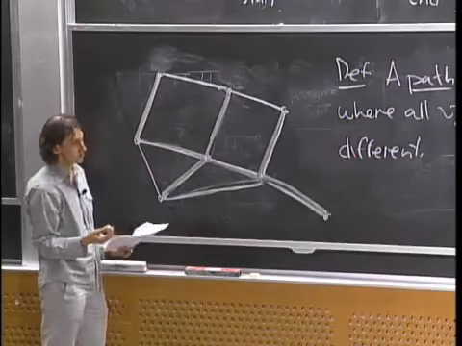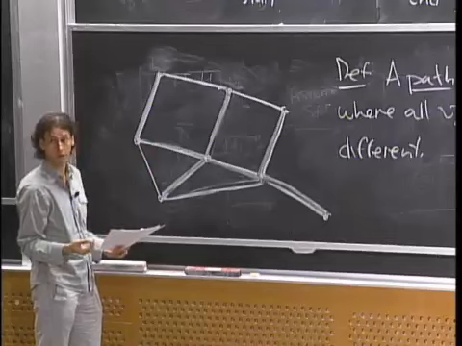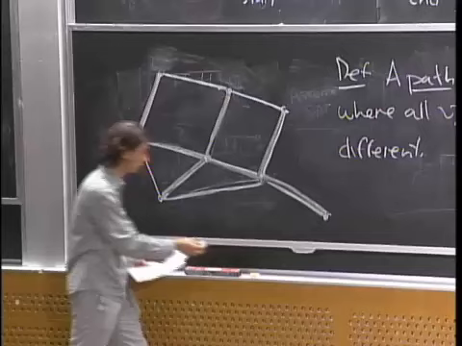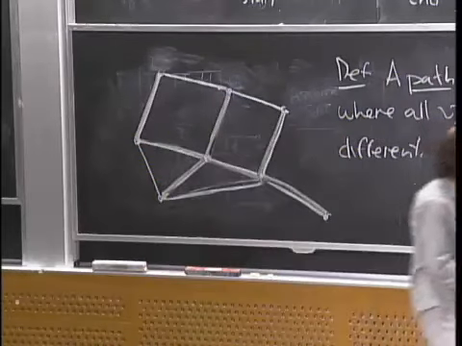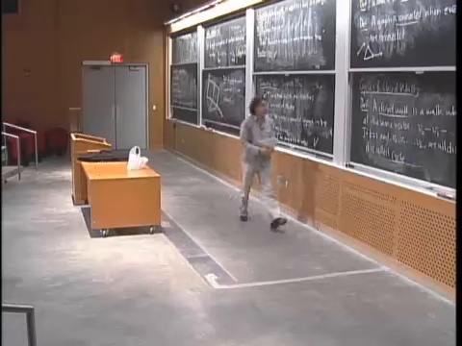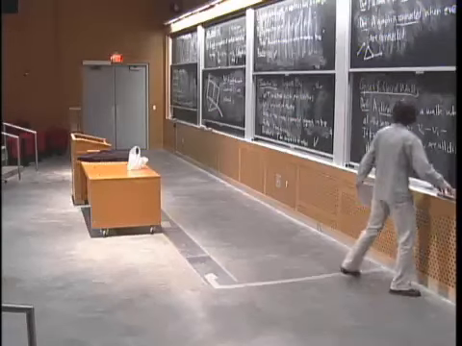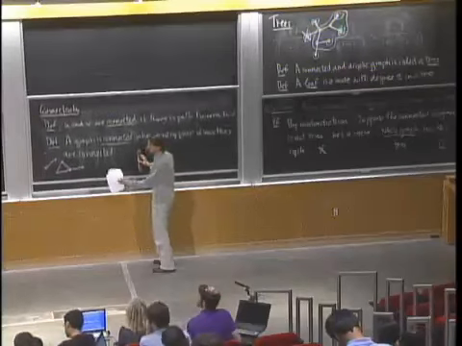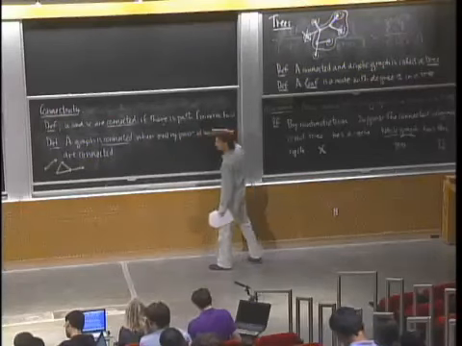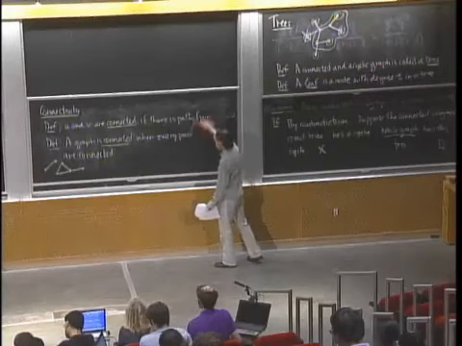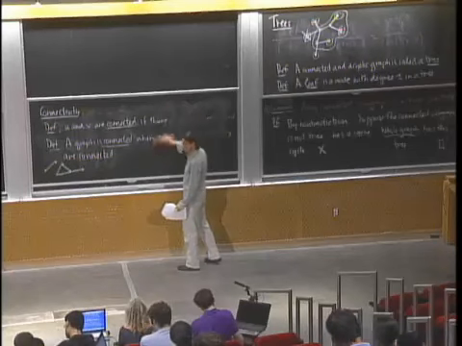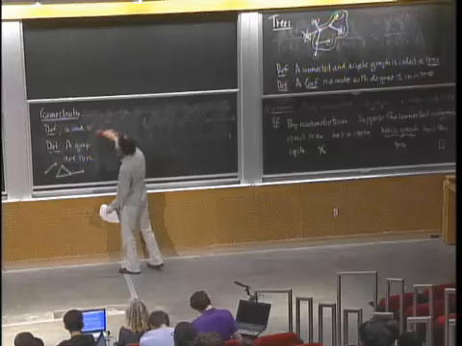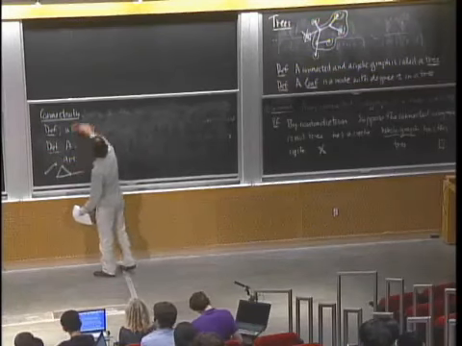And what we want to prove, first of all, is that for every connected graph, we can construct such a spanning tree. So let's first define this, and then we will prove this theorem. And then after this, we're going to talk about weighted graphs. That will lead to minimum weight spanning trees. And then it gets really interesting because we want to figure out how we can actually construct those for any graph.